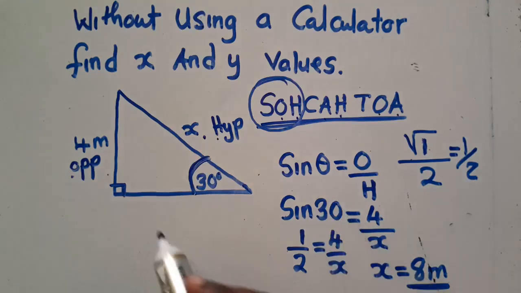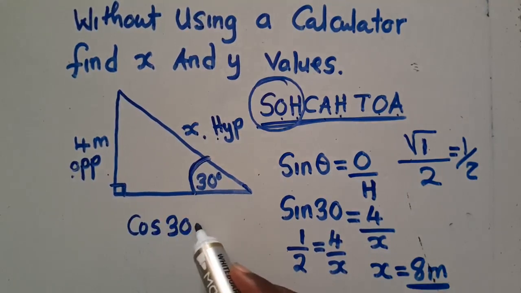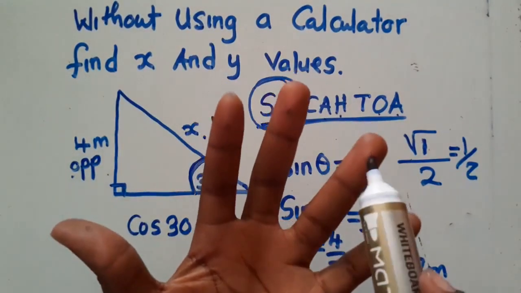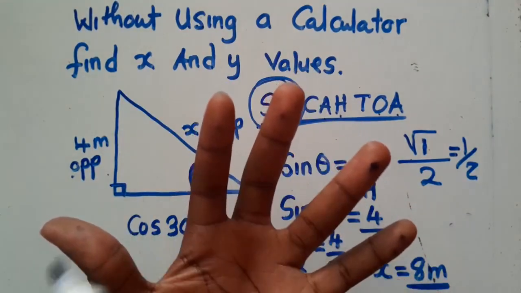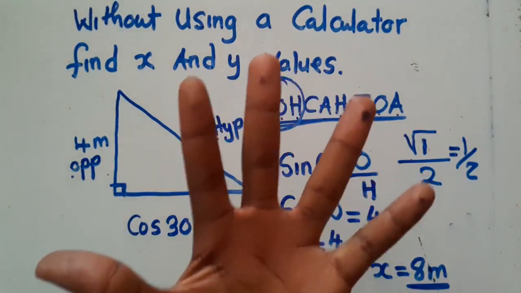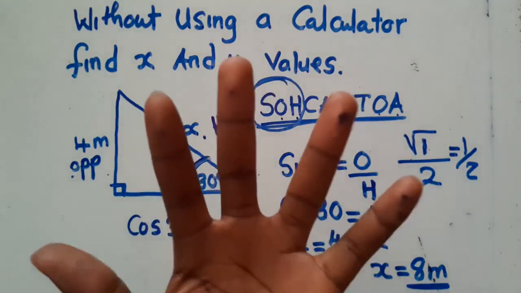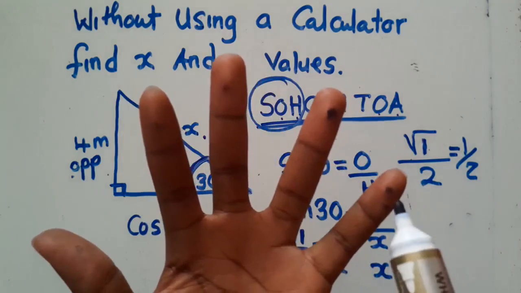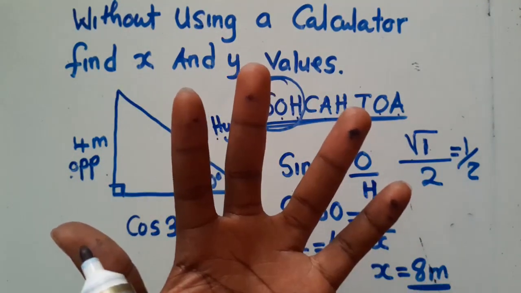In a case where I want to find cos 30 using our hand, I get my hand there. 30 is still there, but I want to find cos going this side. This is my left hand: 0, 30, 45, 60, 90.